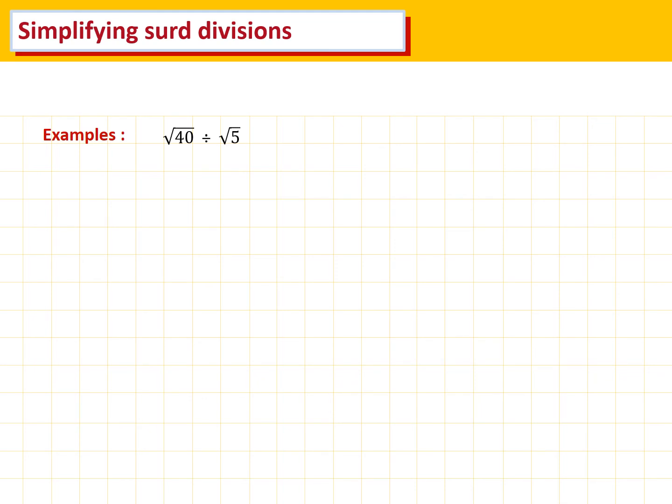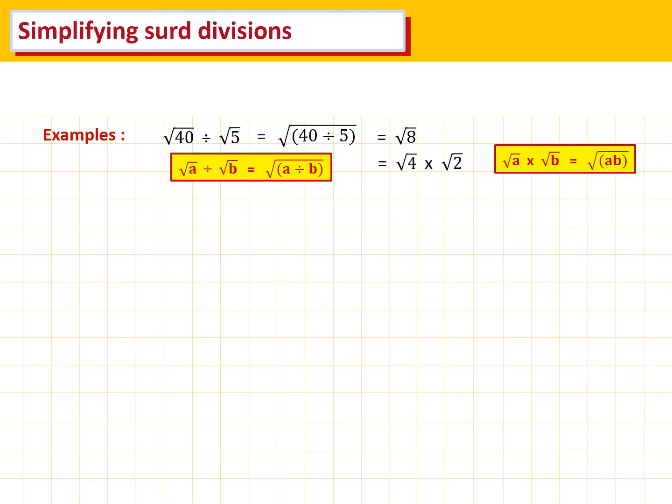Root 40 divided by root 5 is our sum, and the rule of surds tells us that that is the square root of 40 divided by 5. And 40 divided by 5, well, that's root 8. We can simplify root 8 as root 4 times root 2, and root 4 is 2, so our final answer is 2 root 2.